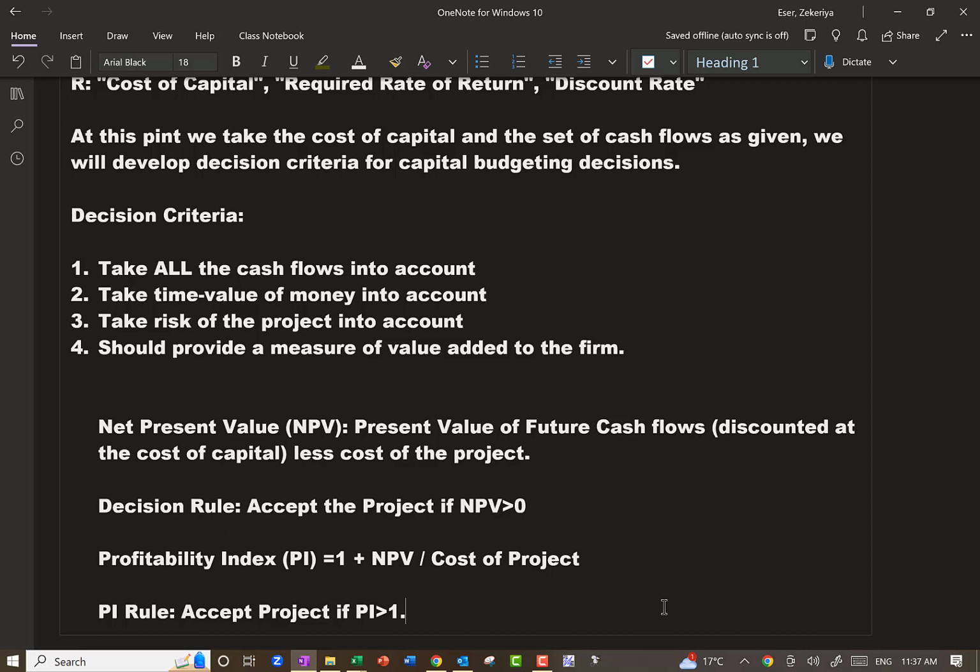PI doesn't know anything about the scale of the problem. You may have a small project that has a high PI, per dollar you make a lot of money, but you may have a larger project, even though per dollar it doesn't make as much money, it's actually adding a lot more value to the firm. So for example, PI doesn't satisfy that fourth requirement we have. It doesn't tell us anything about how much value is added to the firm.